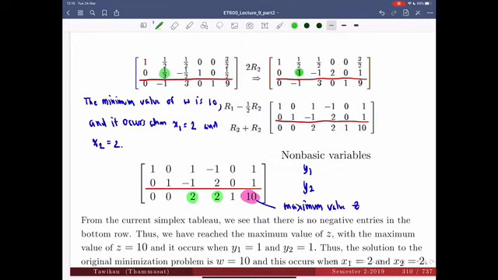So x1 equals 2 is this entry, and x2 equals 2 is that entry. So you can read the solution, or the minimum value of w, from the latest Simplex tableau.